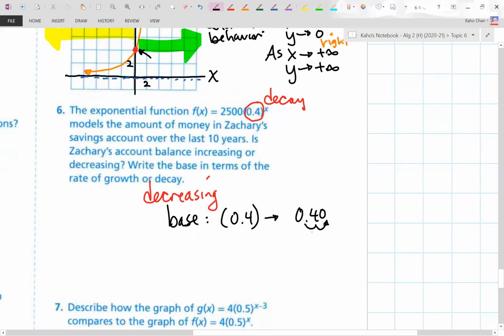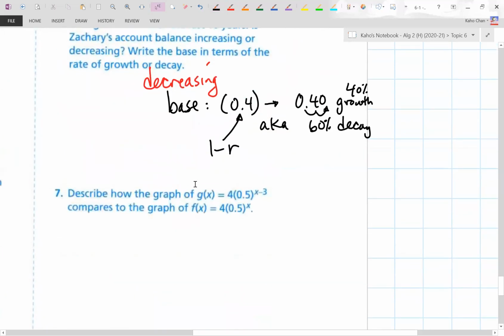This is a 40% growth, also known as 60% decay. So that's kind of shocking. And in this case, it's 1 minus r is your expression.